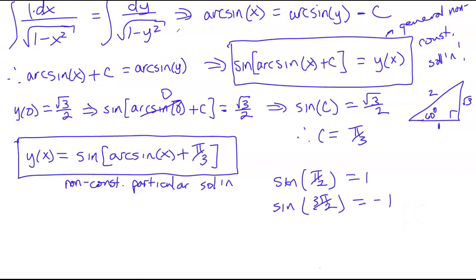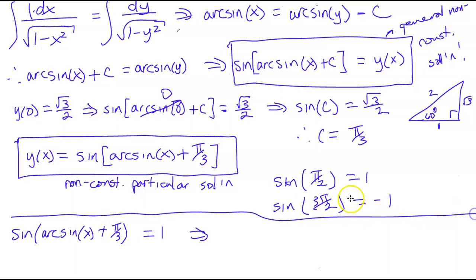So in order for the sine of all of this business here to equal 1, this will require that arcsine of x be pi over 6.